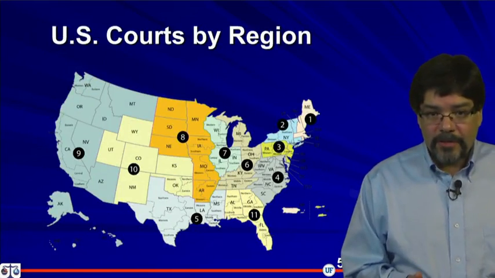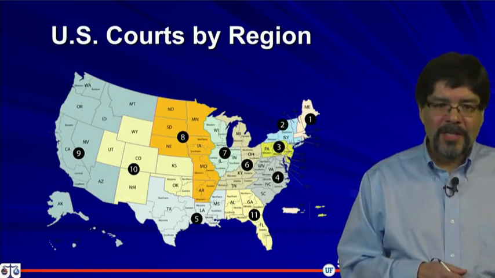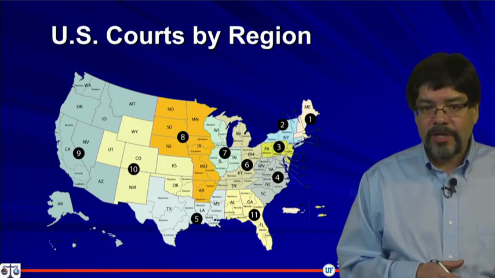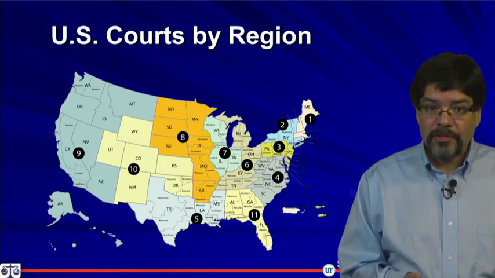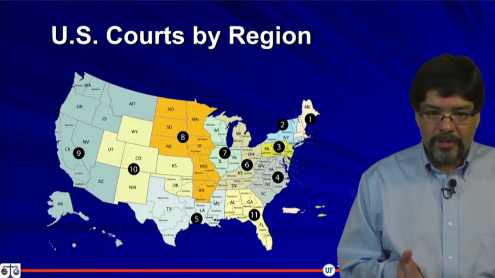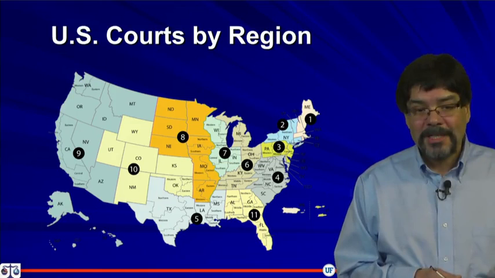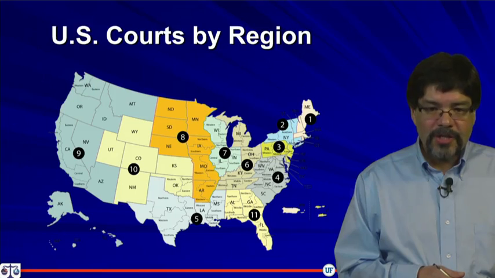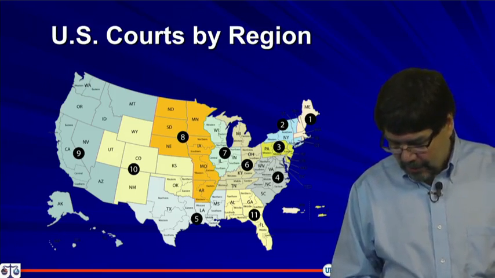This, of course, is a map of the United States, but it is a judicial map of the United States. And here you see the geographic coverage of each one of the circuits. The numbers within the circles are the circuits of the United States. The First Circuit, we happen to be in the 11th Circuit down here in Florida. There are also district courts in the territories. You see the territorial possessions of the United States here.